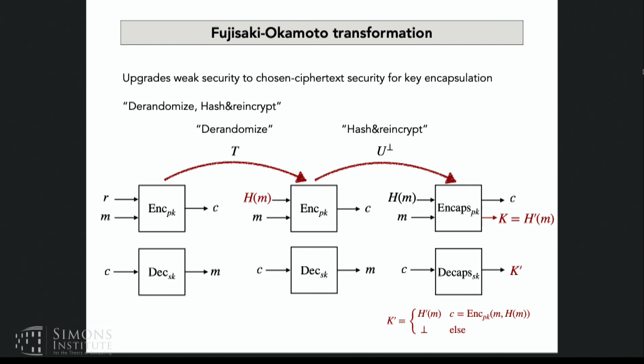But if this was an honestly generated, deterministically generated ciphertext, then it outputs the hash of M using a different hash function. And now that we're talking about a key encapsulation mechanism, the encapsulation function also outputs this hash. So now we have a functionality that basically generates a shared secret key if everything goes right.